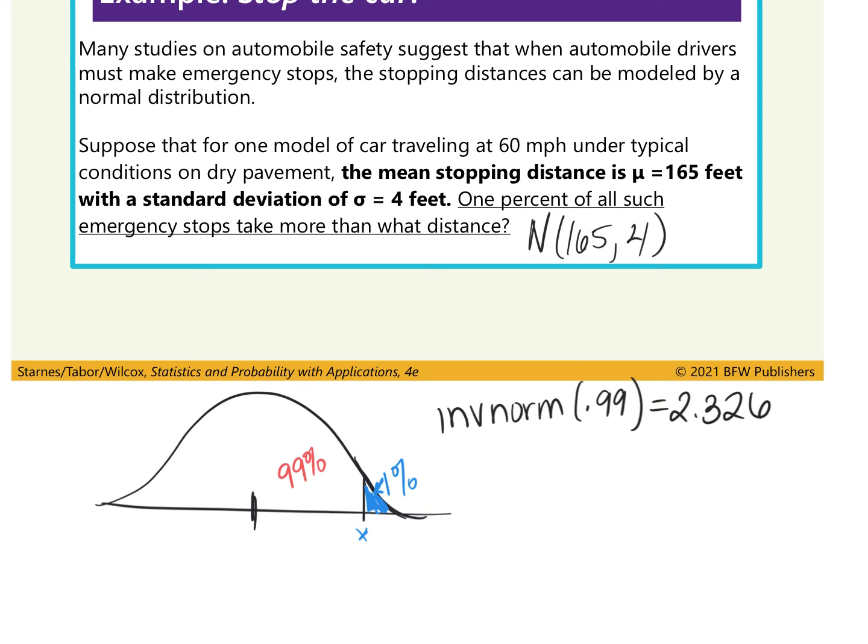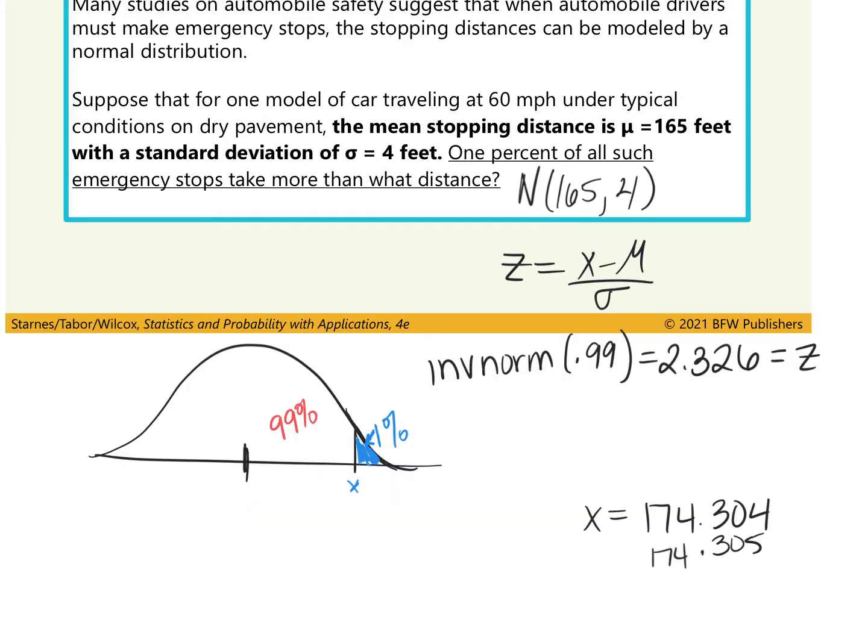Okay. So remember our equation, z equals x minus mu divided by sigma, and the inverse norm gives me z. So can you plug that information in and solve for x? Go ahead and take a second and do that.